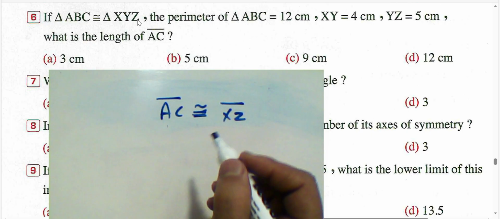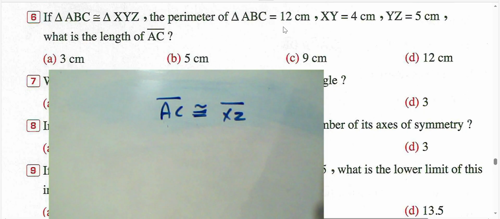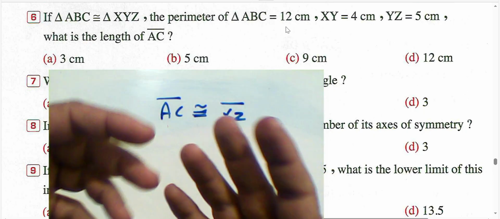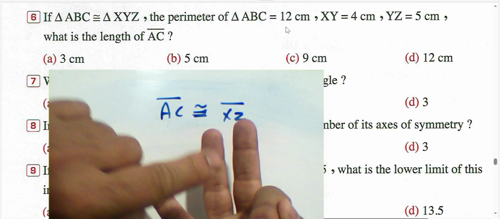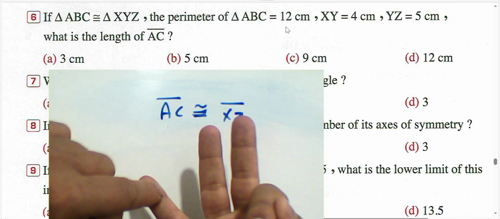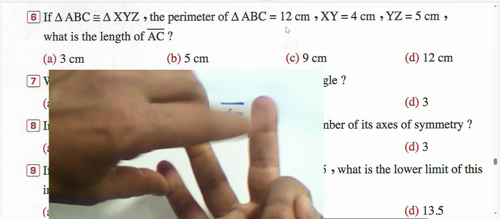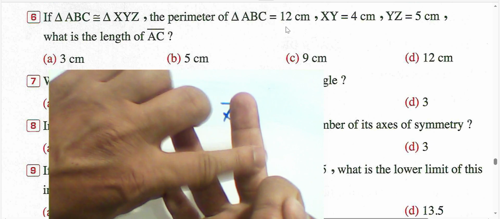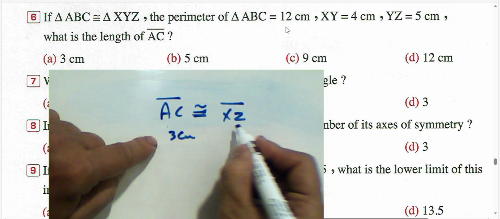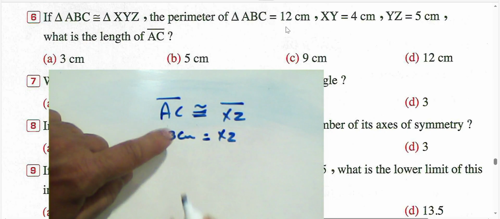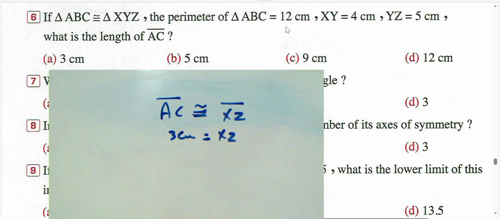He gives me the summation of all sides in the triangle equals 12, because the perimeter of a triangle means the summation of 3 sides. The first side 4 cm and the second side 5 cm. 4 plus 5 is 9. 12 minus 9 equals 3. And the length of the third line segment equals 3 cm. EC equals 3 cm, then XZ is also 3 cm.